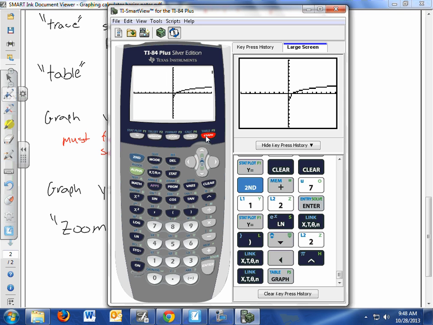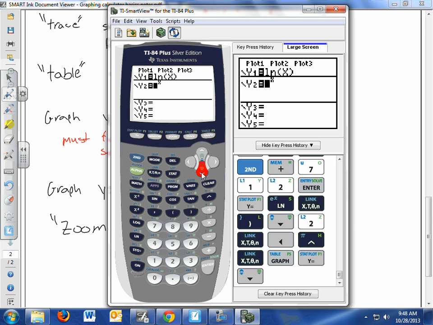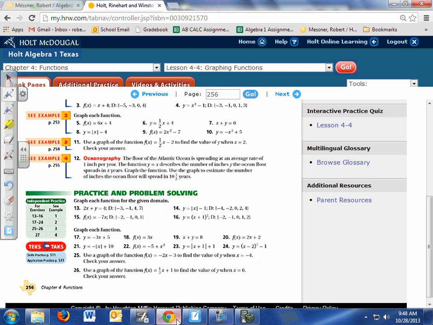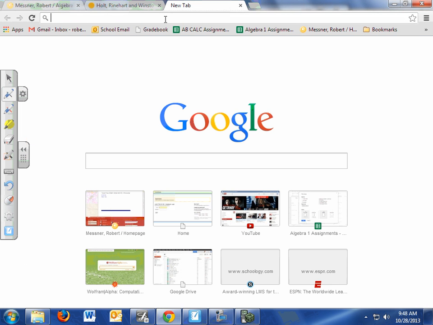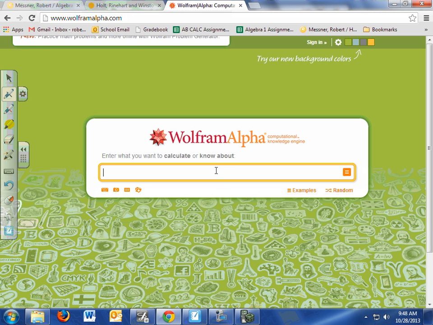That's log x. This is a number to the x. Pretty cool, pretty powerful. It's not like some of the programs you can do online though, which is why it's a great tool, but it's not the be all end all.